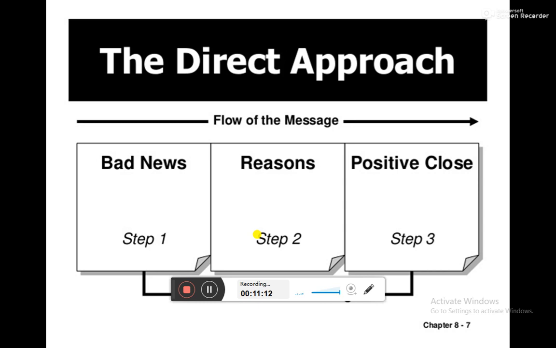Providing reasons and additional information. In the second stage, you have to give reasons and provide additional information. In most cases, if you follow the direct approach, you open with an explanation of why the news is negative.